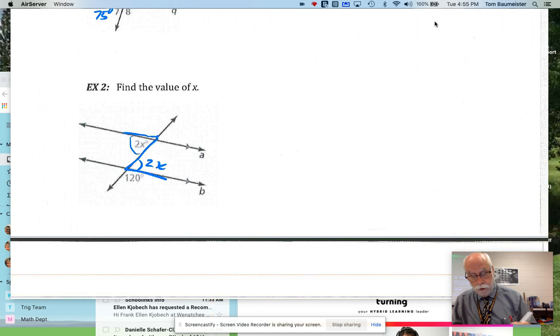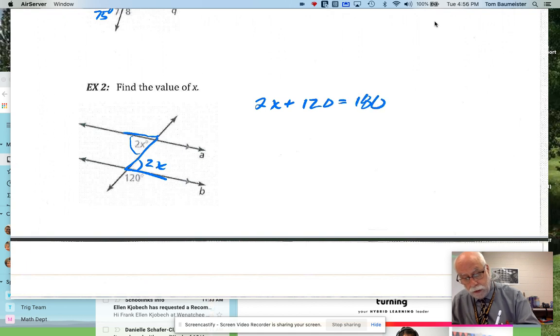Remember, a linear pair means that they are equal to 180 degrees. So we can say that 2x plus 120 is equal to 180 degrees.